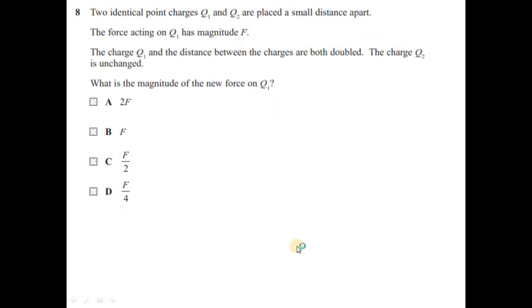Question number 8. Two identical point charges Q1 and Q2 are placed a small distance apart. The force acting on Q1 has magnitude F. The charges Q and the distance between the charges are both doubled. What is the magnitude of the new force on Q1?